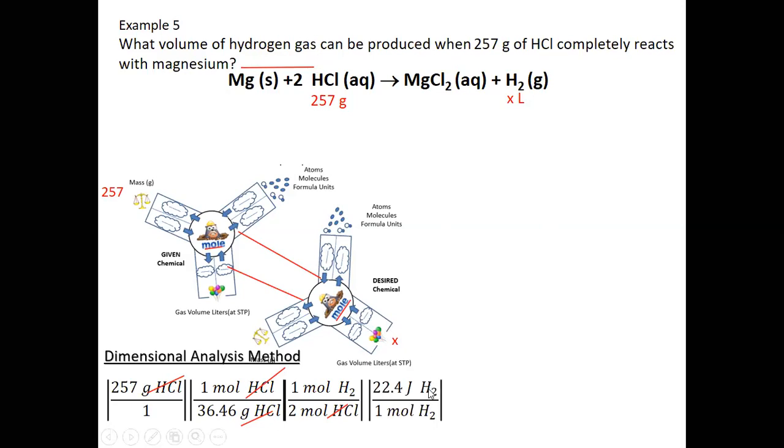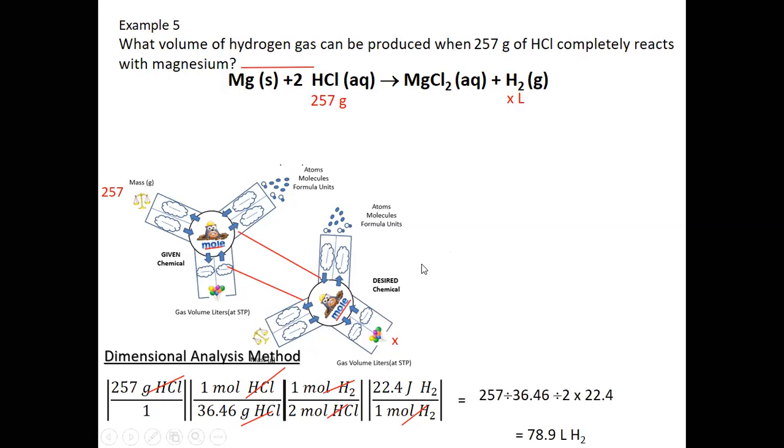So knowing this, there are 22.4 liters for every 1 mole of hydrogen gas. What we're then going to do is add this factor to it. What this does is cancel out or get rid of our mole amount, and it will turn it into the liter amount that we're interested in.